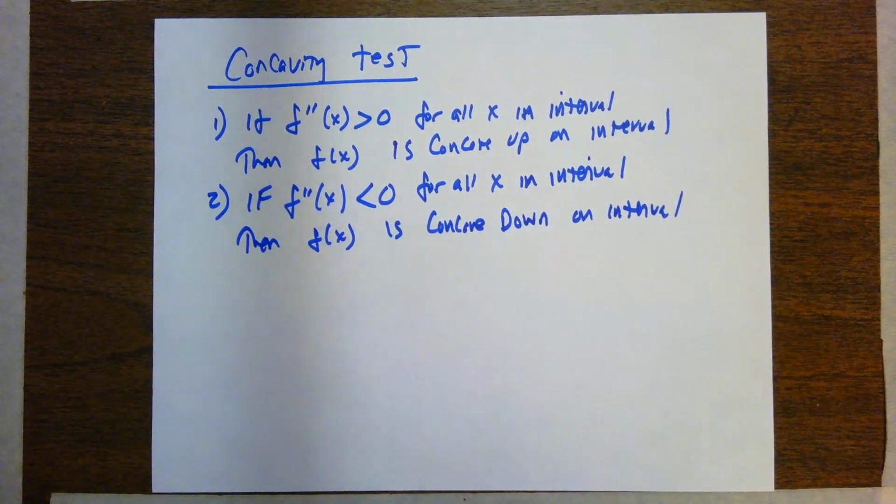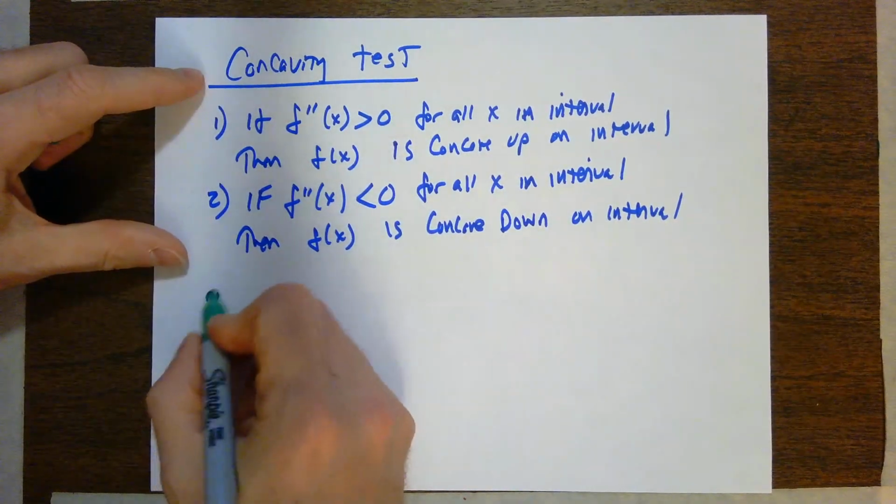The other thing that's interesting is where the concavity changes, where I change from concave up to concave down, those points on the last graph where the concavity changes. They are not maximum or minimum points. We have a special name for that.